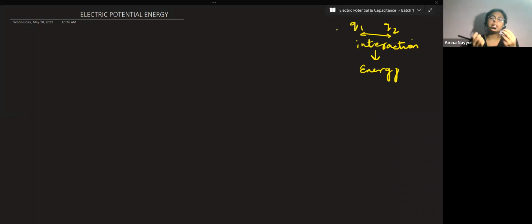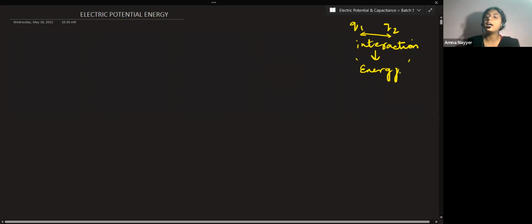Whenever two charges are together, or even if two masses are kept together, they will be exerting force on each other. And whenever two bodies, two particles, two entities are exerting force on each other, that means there will be an associated potential energy with it.